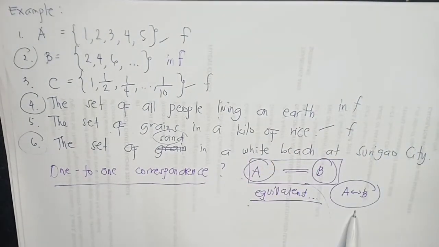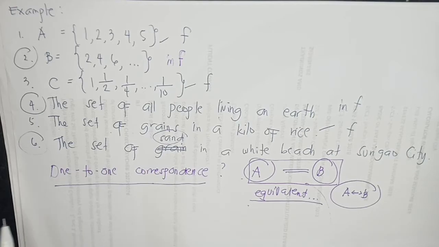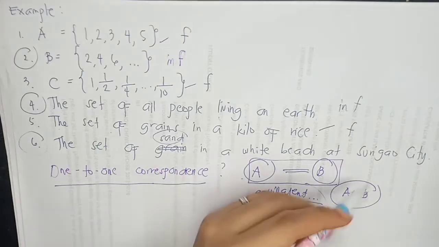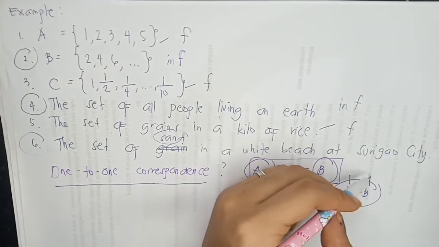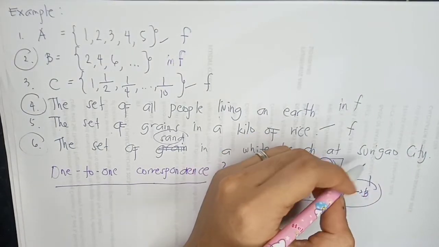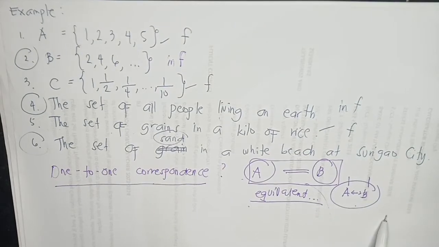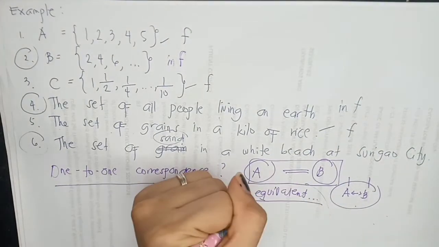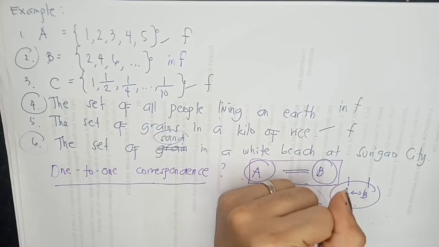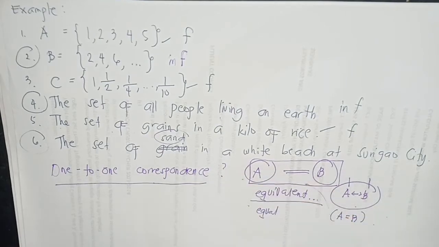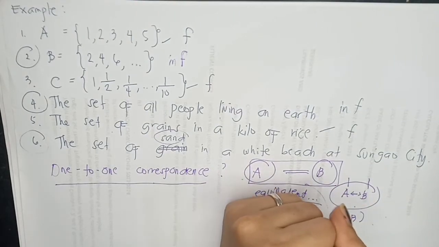Yan po. Okay. If two sets A and B have exactly the same elements, the sets are said to be equal. So, lahat po ng mga elements ni A and ni B ay magkakatulad, so therefore, matatawag natin si A equal to B. So, A equal to B is denoted by this. Okay, otherwise, kung hindi equal, lagyan mo lang ganito.